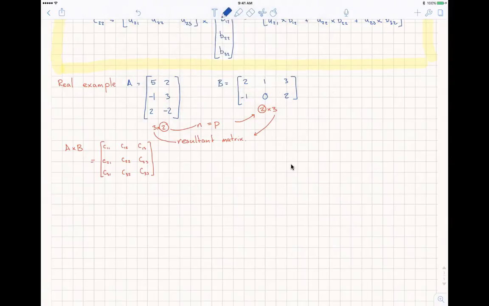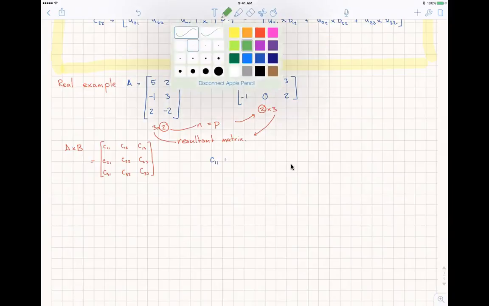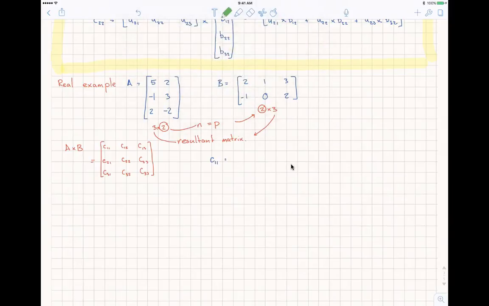So to find C11, we are going to multiply the first row in A by the first column in B. We're going to multiply each corresponding element and add them together.